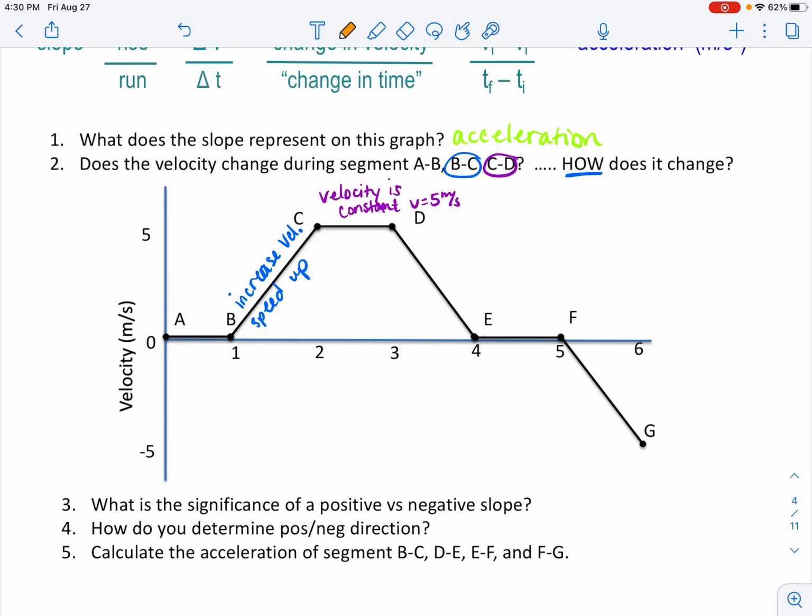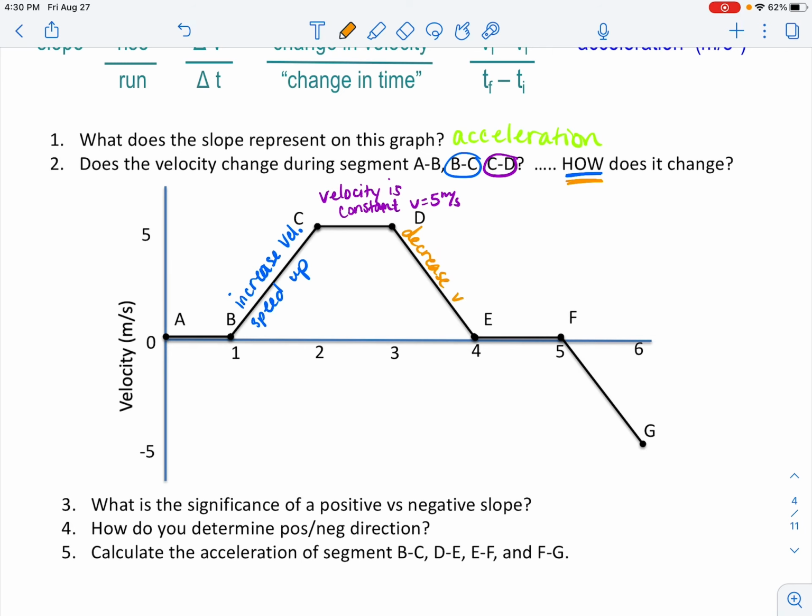Let's look at segment DE. Here, is my velocity changing? Yes. My velocity was initially a 5. Now we are down to 0. So my velocity did change. How did the velocity change? Well, in this case, we experienced a decrease in velocity.